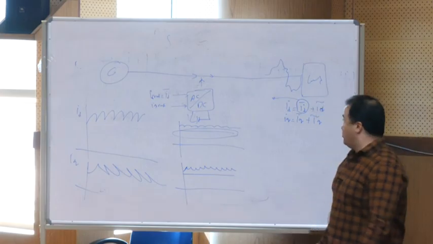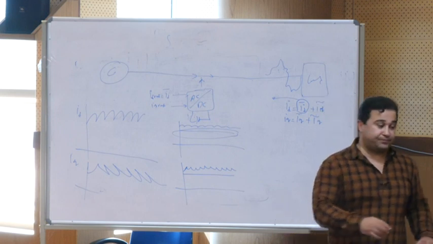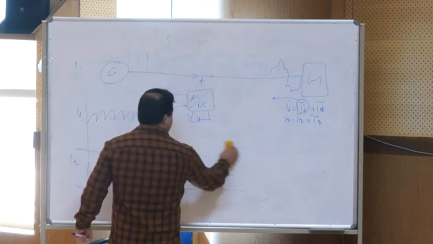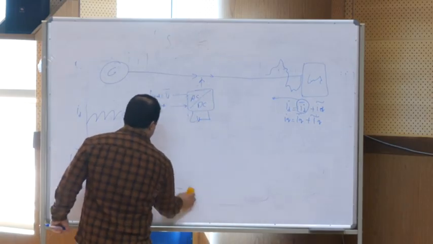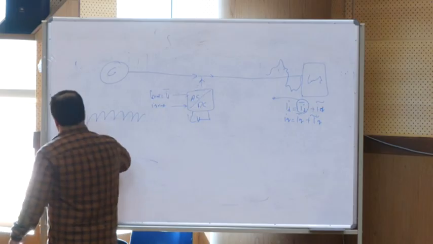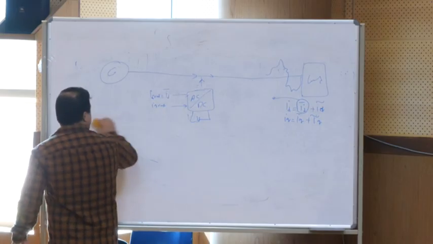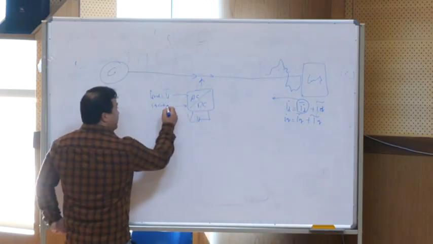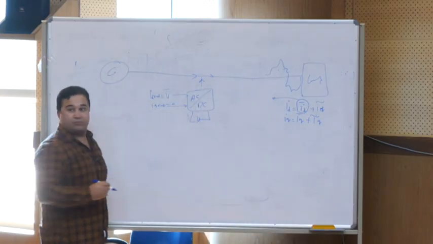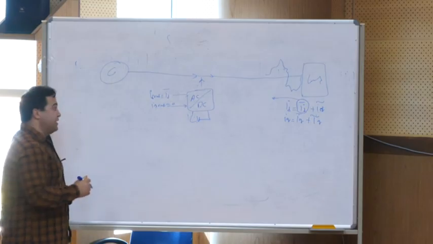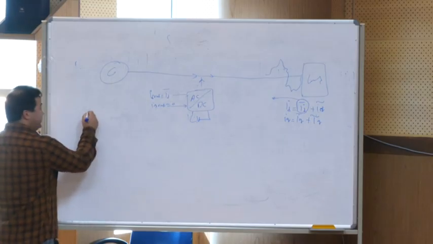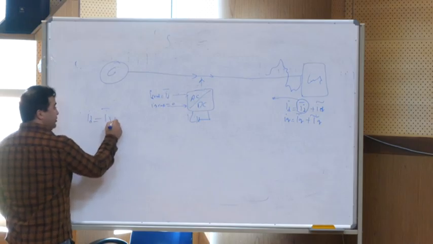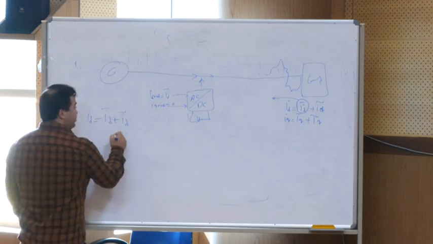Okay? So what we can do is that. Active power in fundamental frequency, so it means that reactive power is equal to 0. Okay? Then active power, ID, is ID fundamental plus ID harmonic.